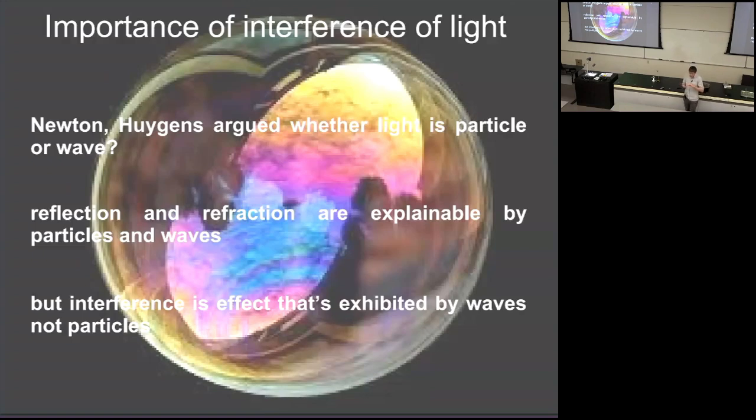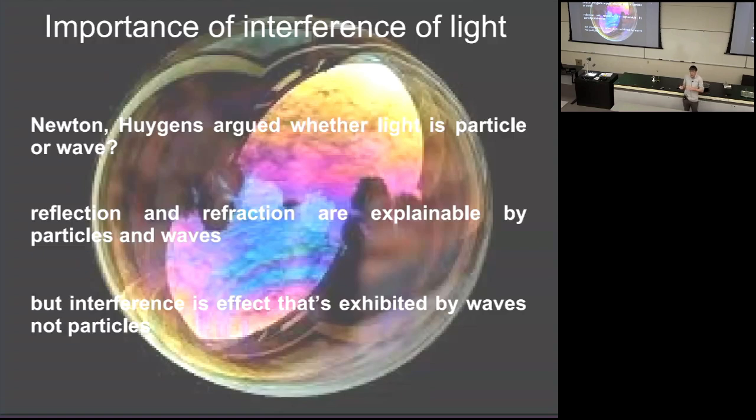The problem is that reflection and refraction, the two topics we've been talking about in the context of mirrors and lenses, can be explained by light being particles or light being waves. So the observation of reflection and refraction doesn't distinguish between light being a particle or a wave.